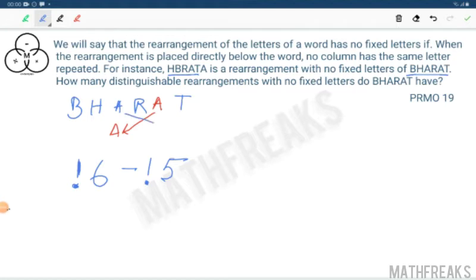Now the case that this other A goes here, and all the other 5 remaining things are deranged. Again, minus subfactorial of 5, because this is also not correct, since one thing is coinciding.